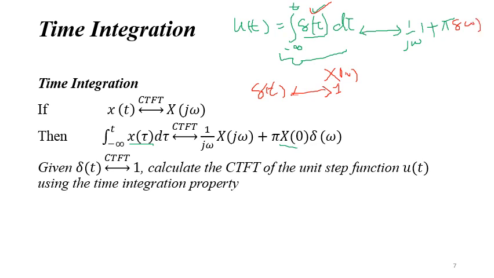I can also remove this 1 because 1 multiplied by 1 equals 1. So what you are left with is 1 over j omega plus pi times the impulse of omega. This is the Fourier transform of the step function.